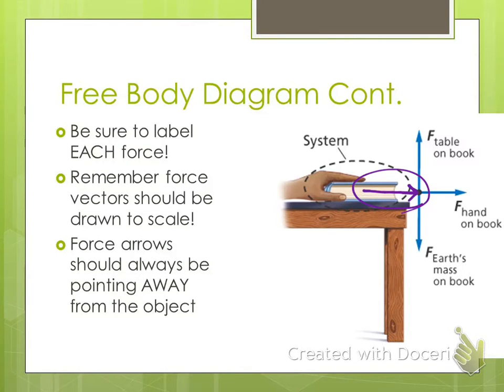Forces are always drawn away from the diagram. That's a really, really important thing for you to understand, because we have to be able to view rightward forces and leftward forces in a very clear way for our overall goal to work out.